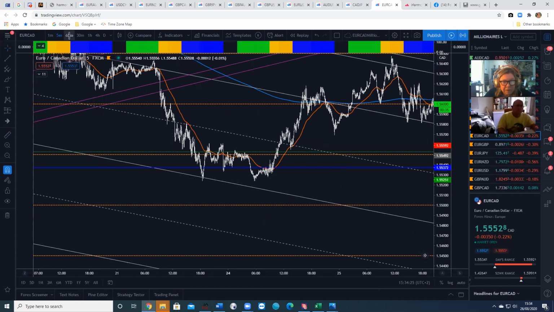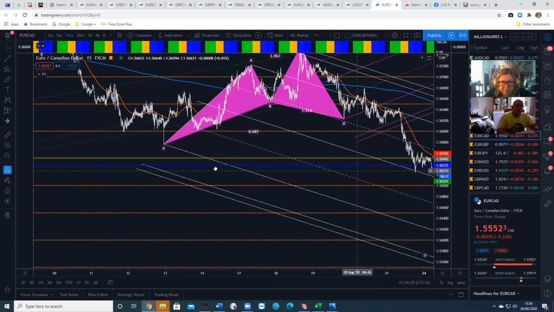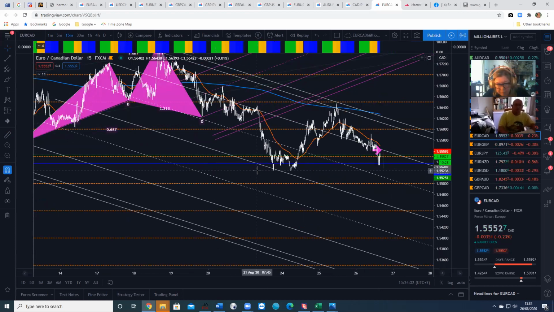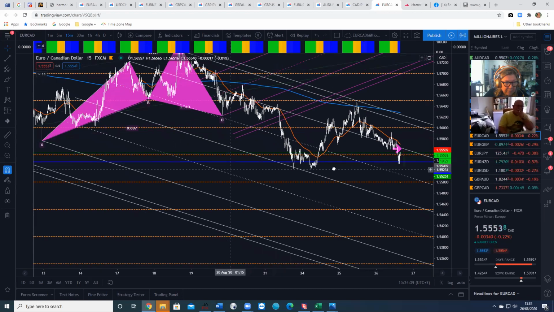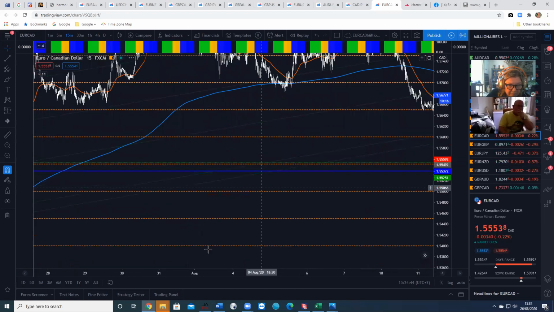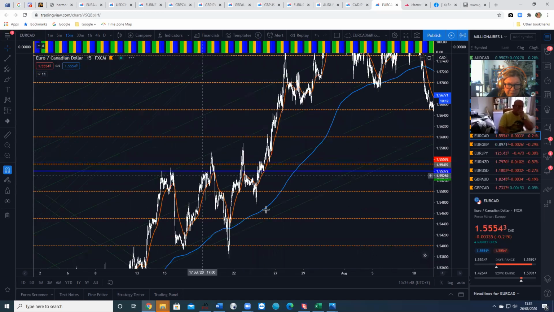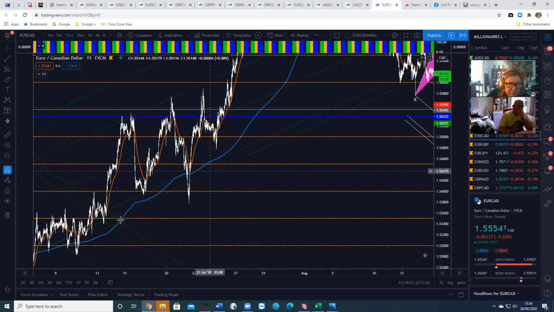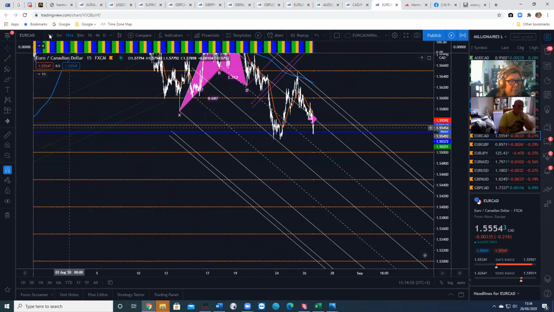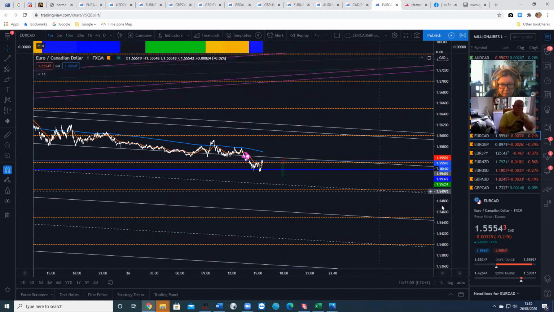I was just looking to see where previous lines of support and resistance were. So back there at 1.55235, thereabouts. Can't see any back here for ages. Okay, so let's come back to our 1 minute and magnify it.